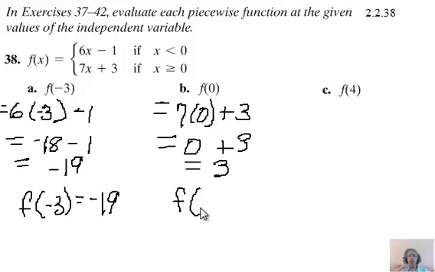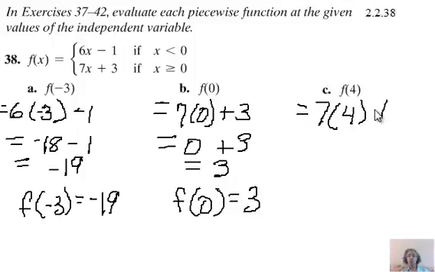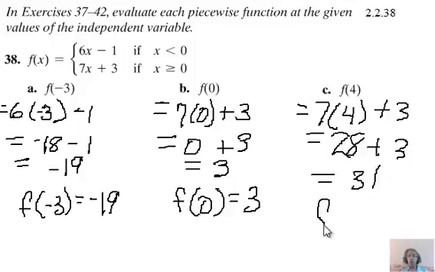So f of 0 is 3. F of 4, since 4 is bigger than 0, we use 7x plus 3, replacing x with 4. And we see that we obtain 31. So f of 4 equals 31.